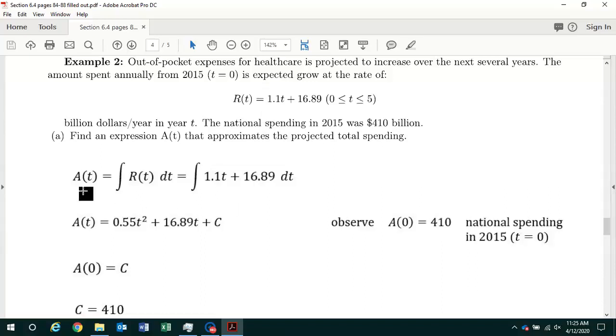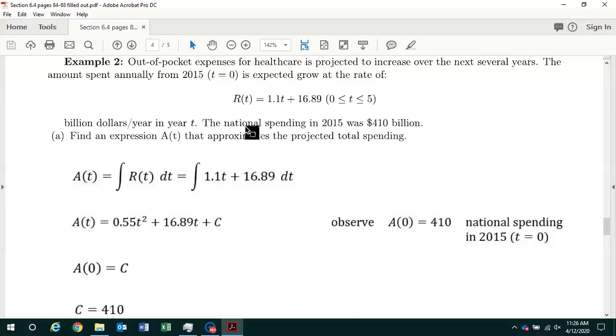So to find A of t, we anti-differentiate its derivative, R of t, with respect to t, and R of t is 1.1t plus 16.89. And when we anti-differentiate this function, we get A of t is equal to 0.55t squared plus 16.89t plus the unknown constant c.